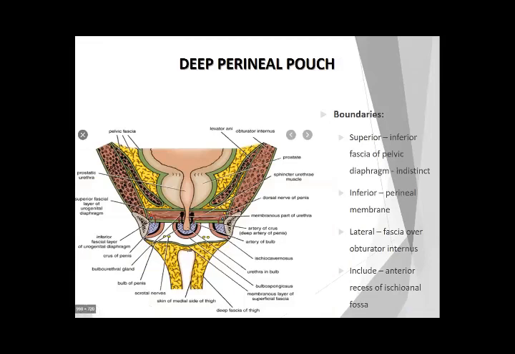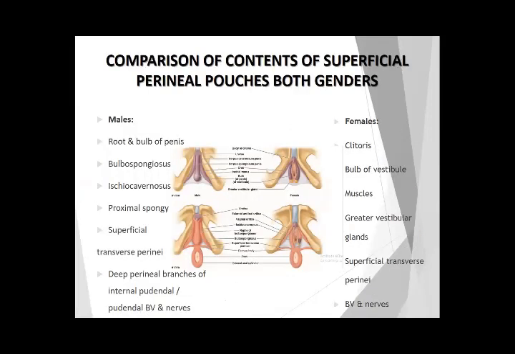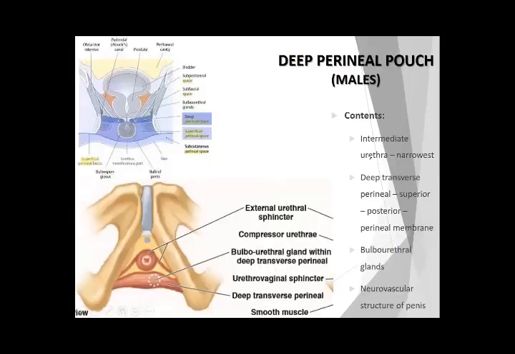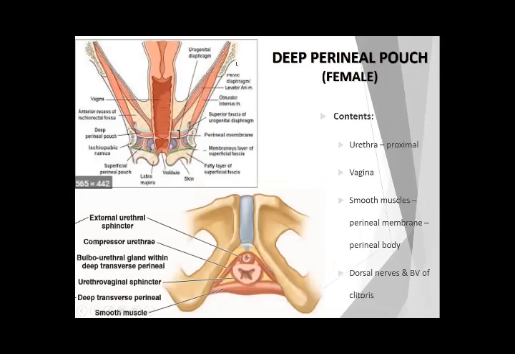Let's talk about the deep perineal pouch in females. The contents include the urethra, the vagina over here, okay?